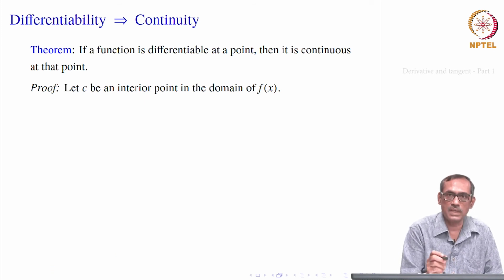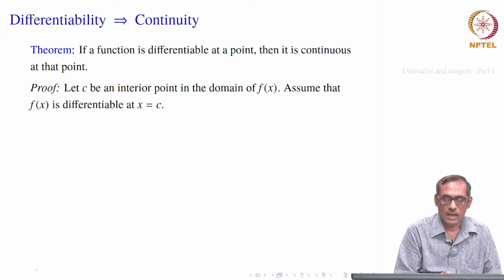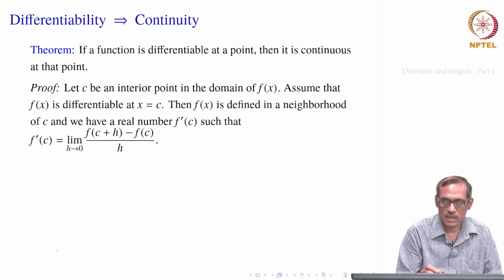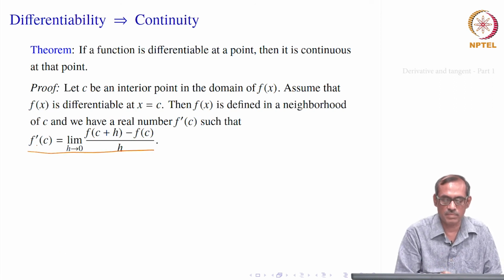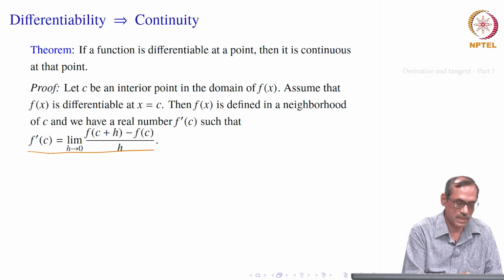So, in this case we will have the limit of the increment in y divided by increment in x, as that increment of x goes to 0, exists. That is your f prime of c here, suppose that exists. Now, it is differentiable at x equal to c. So, that means this limit exists, which we write as f prime of c, limit of f of c plus h minus f of c divided by h, as h goes to 0.